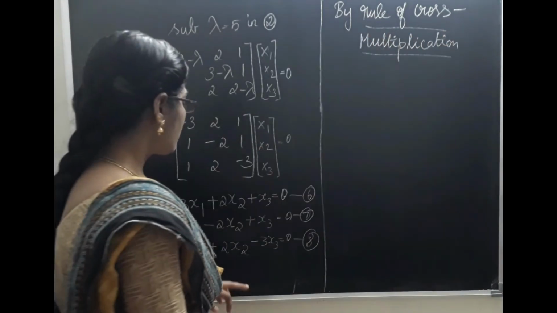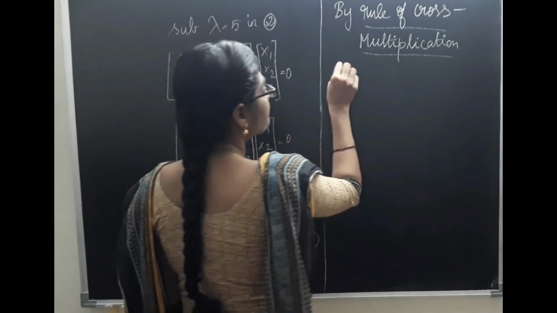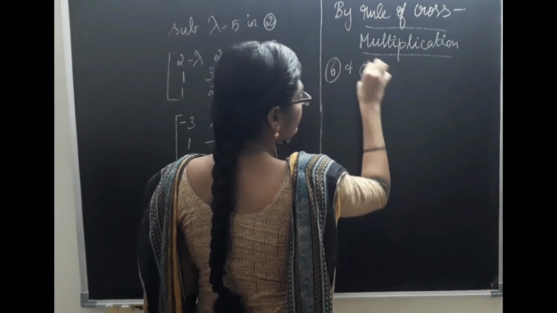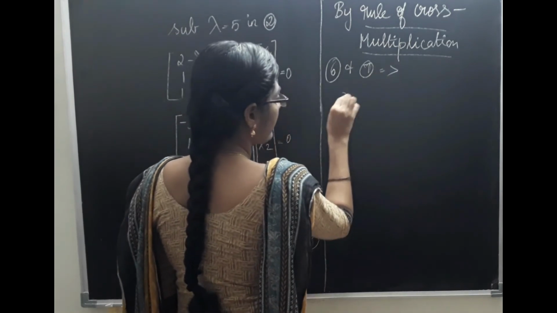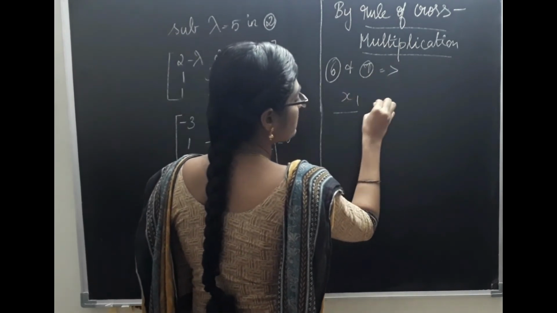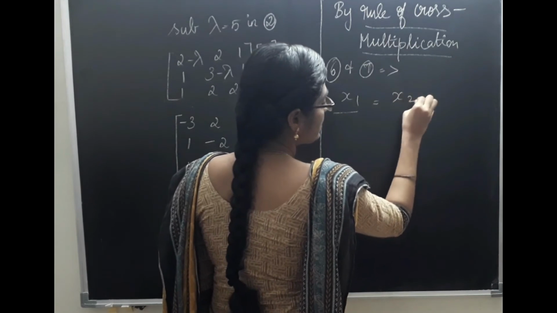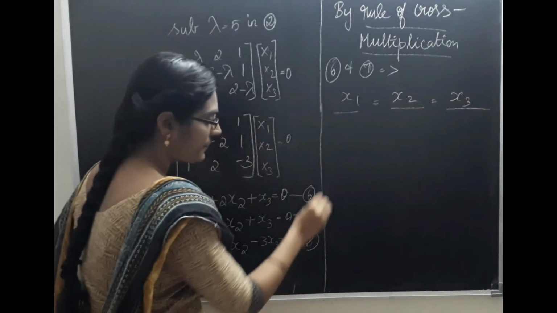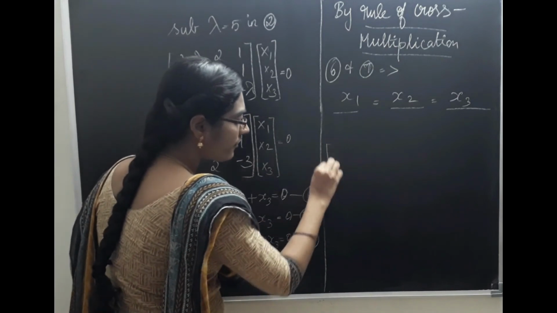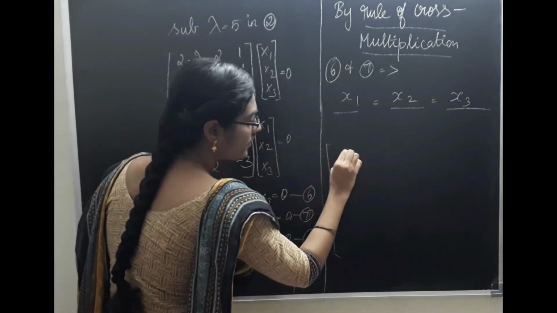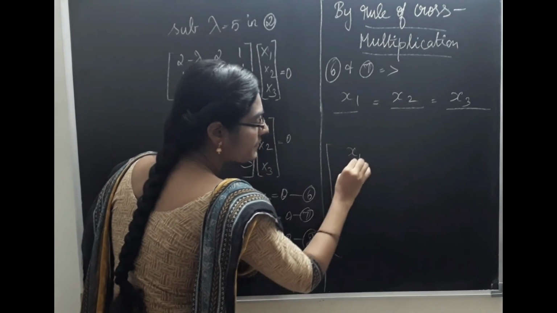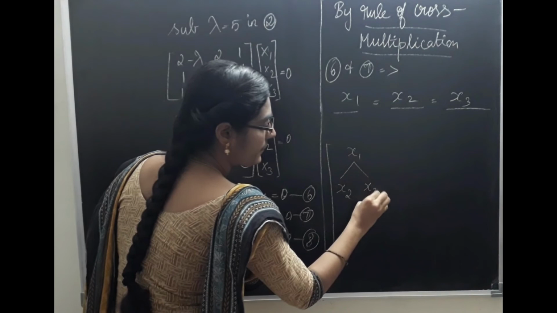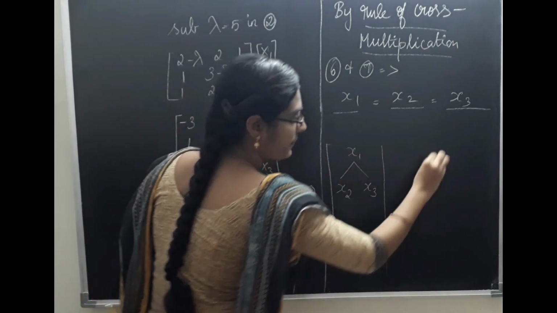For this, consider equation number 6 and 7. Write it like this: x1 divided by, equal to x2 divided by, equal to x3 divided by. For finding the value of x1, you need to cross multiply the coefficients of x2 and x3.